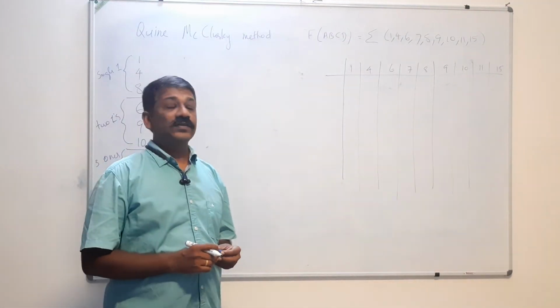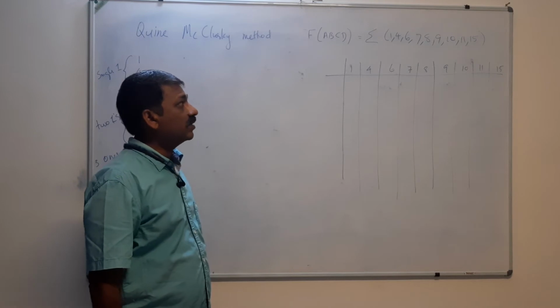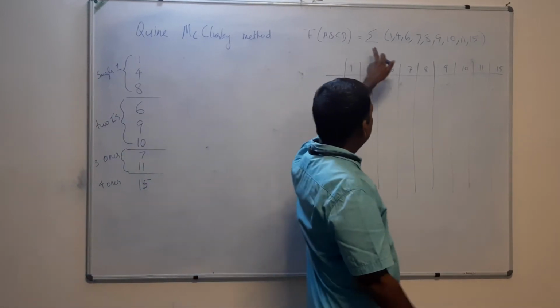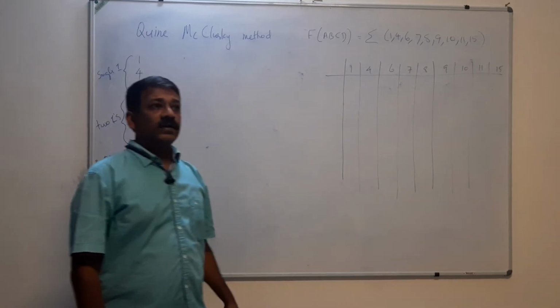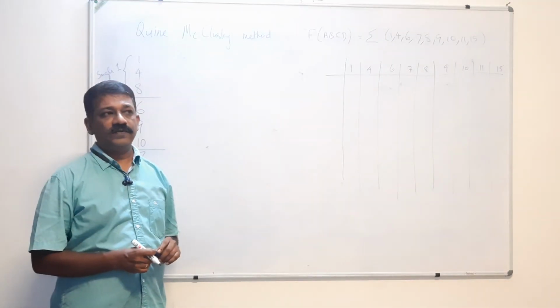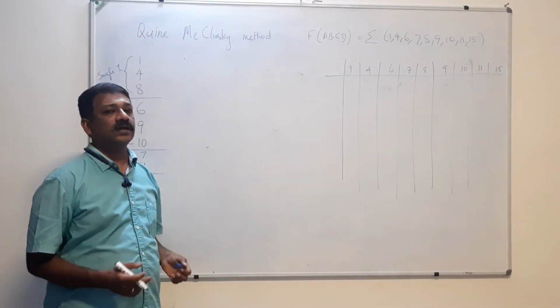We are continuing with simplification of sum of products form. That means we are going to find out sigma 1, 4, and so on. These are the min terms. If you have up to 4 variables, using Karnaugh map is very easy, but for 5 and 6 variables also we can use Karnaugh maps.